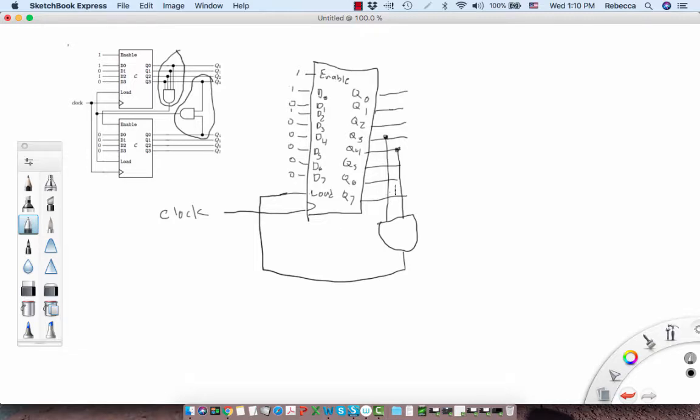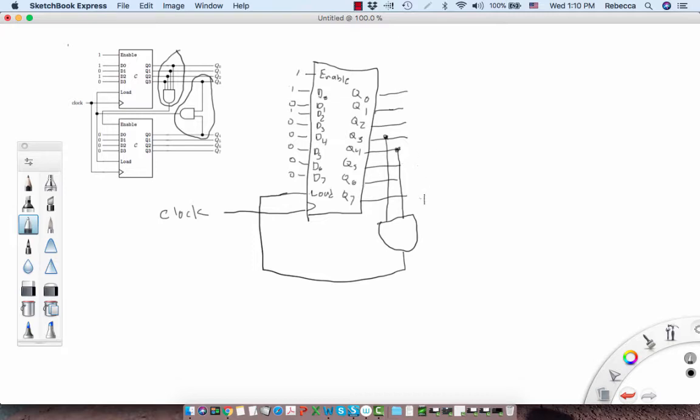So now that we've simplified it to look like this, it's pretty easy to see what happens based on what we did with the earlier parts of problem 1. It's going to count upward until it reaches a point where both Q3 and Q4 are 1.